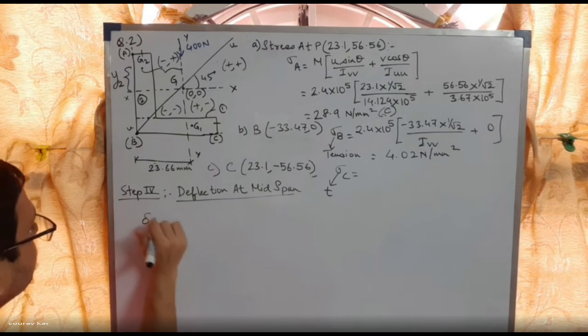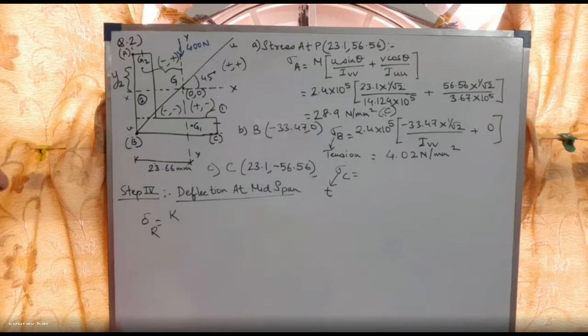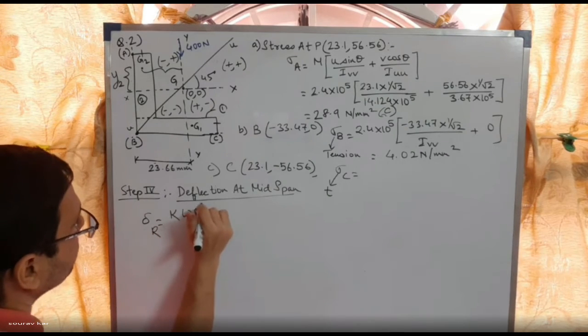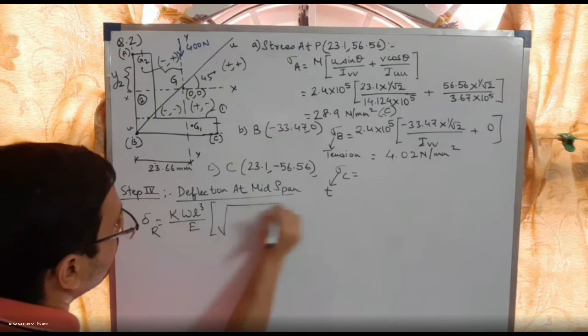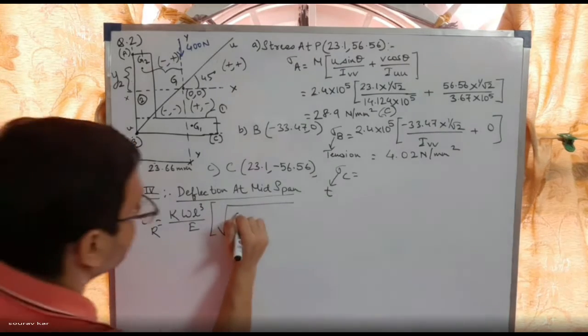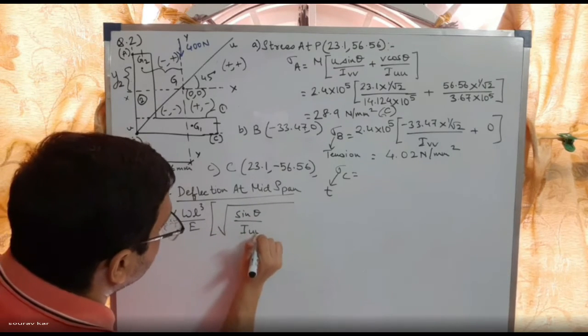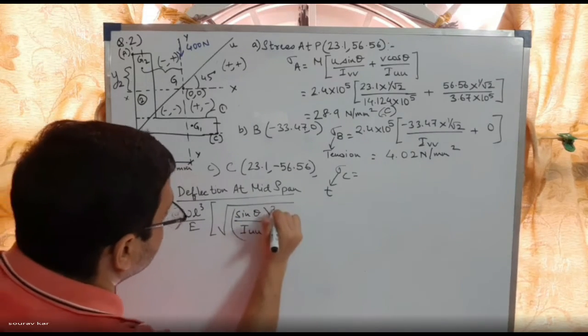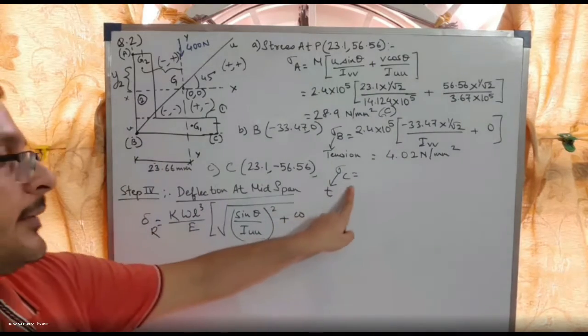Delta equals, we all know, the resulting deflection is KWL cube by E, whole root over of sin theta by I square plus cos theta by I square.